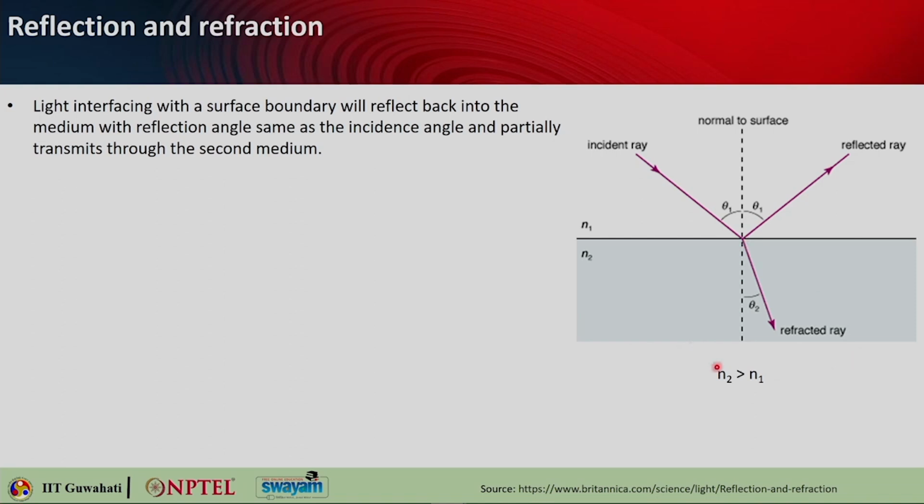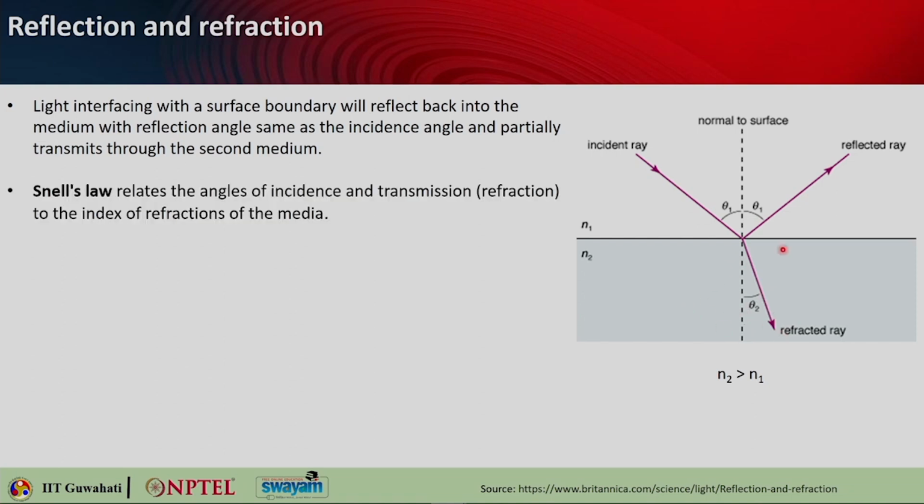In this case, let us assume n2 is greater than n1. In that case, the light has entered a denser medium from a rarer medium, so the refracted ray will be closer to the normal. This law of refraction is also known as Snell's law.